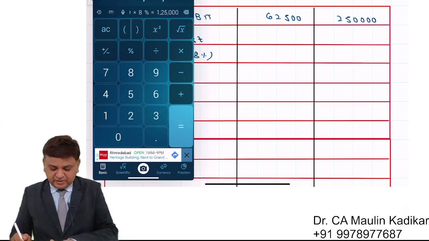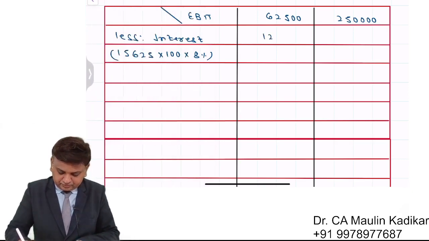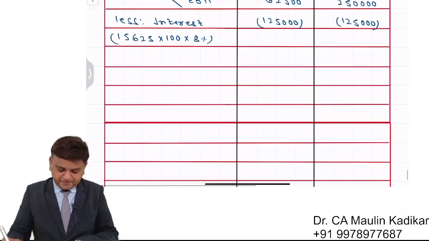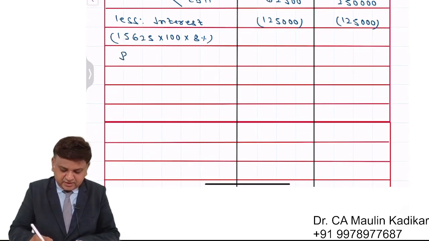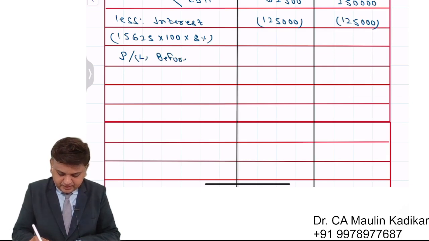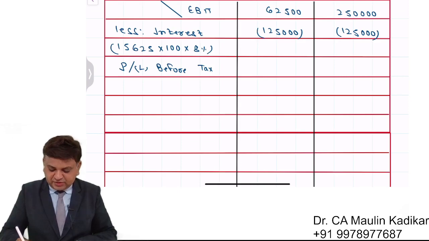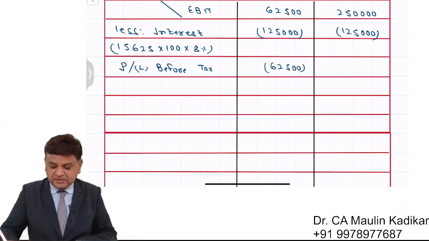That comes to 1,25,000. So EBIT minus interest, with that we get profit or loss before taxes. So in the first case it is a loss of 62,500. In the second case there is a profit of 1,25,000.